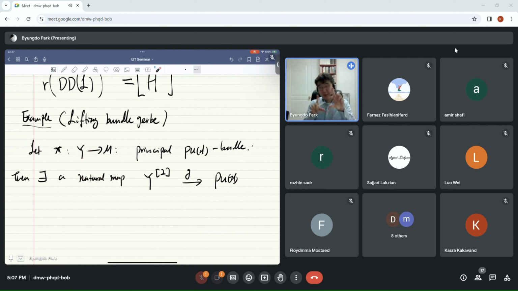If you take two elements from the same fiber, because of the transitivity of the right action of this group, there should be some group element associated to that pair of elements. So if you have y1, y2, then there should be some group element that you take, and you obtain y2 from y1.